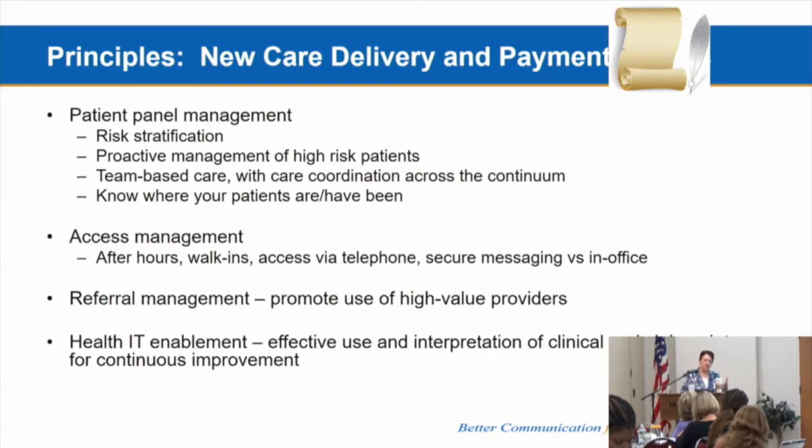A key principle now in the new delivery models is you are responsible for your patients, not just when they're in your office sitting in front of you. You're responsible for them at all times, wherever they are. And so that means you've got to know where they are. You need to know that one of your patients just hit the ED, just was discharged from the hospital, just was transferred to a nursing home, just had a walk-in visit somewhere, and you hope to goodness that they didn't mess up your care plan.